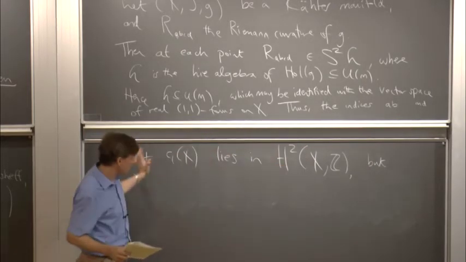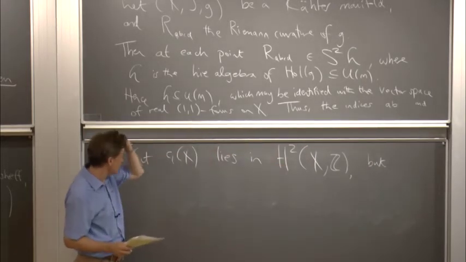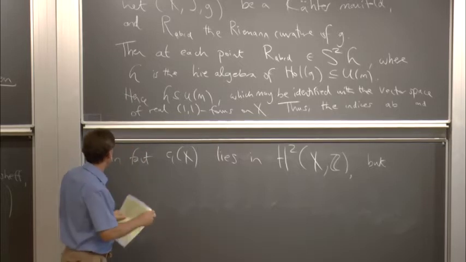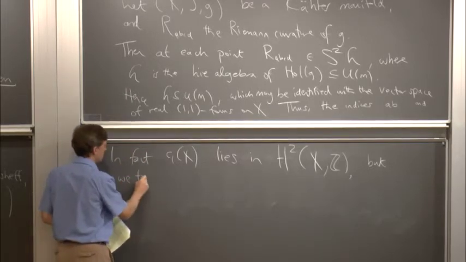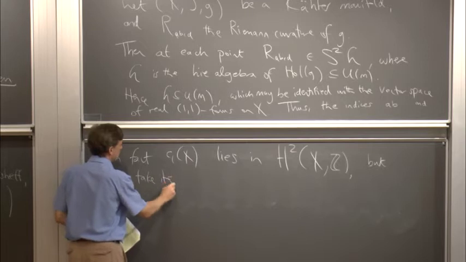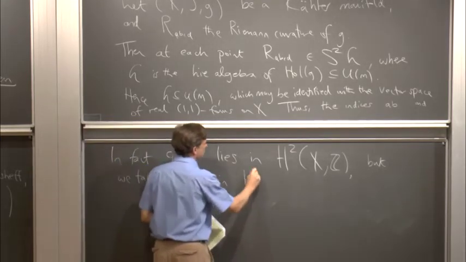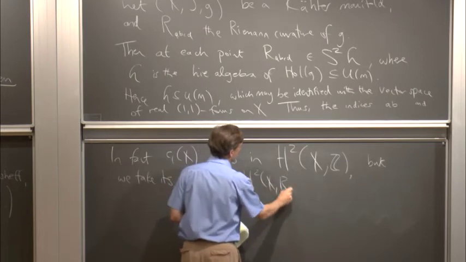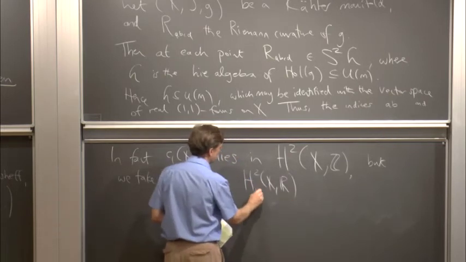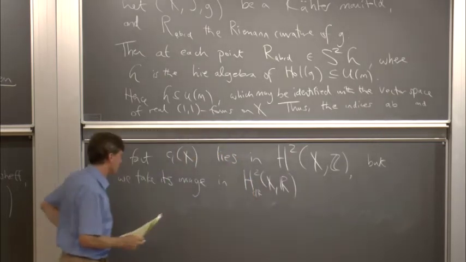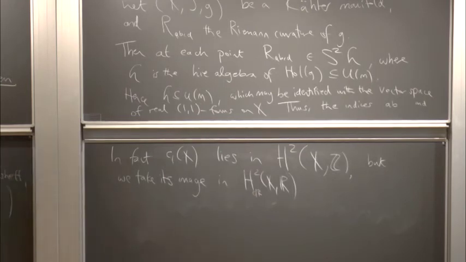It doesn't change under deformation, let's say, of the complex structure, but we take its image in H^2(X, R), which is the same as H^2 of de Rham cohomology.